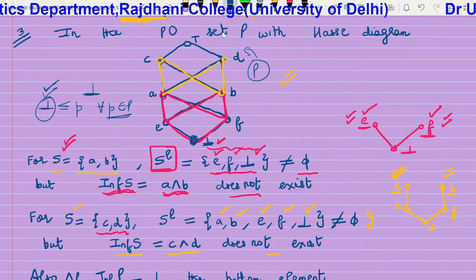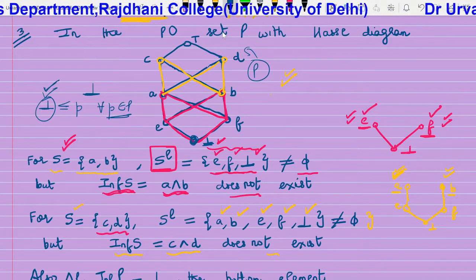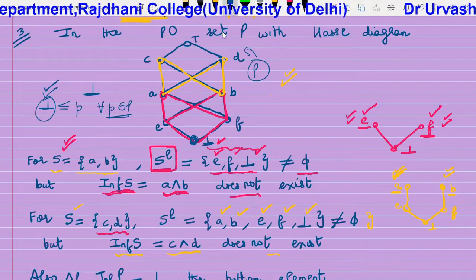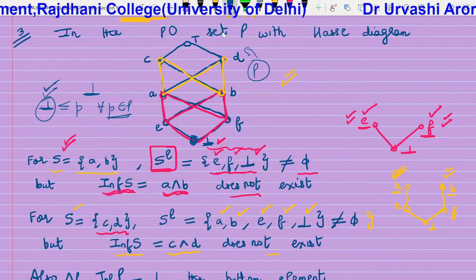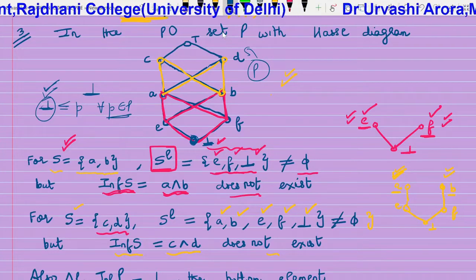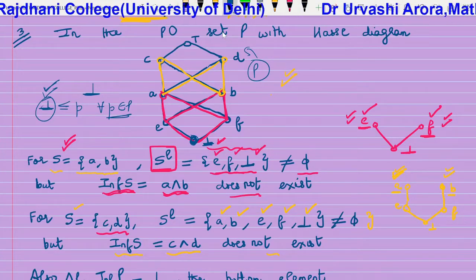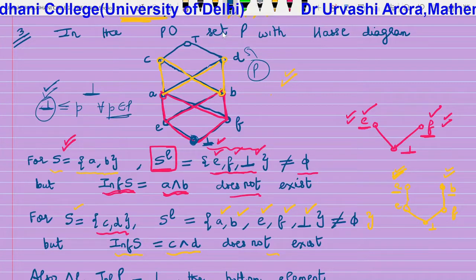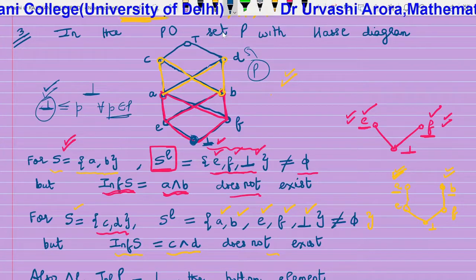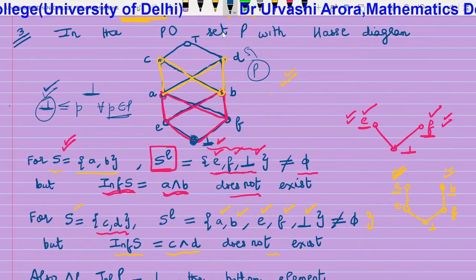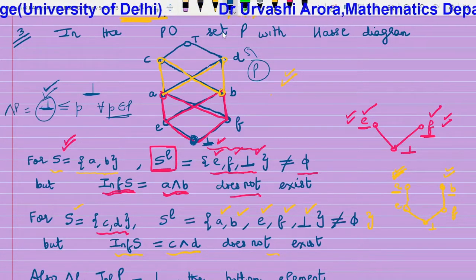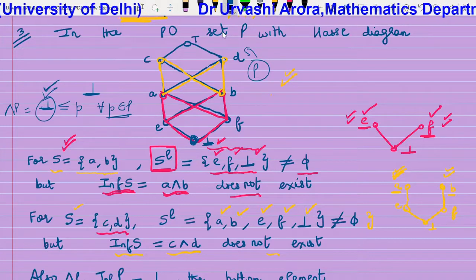And since this is the only lower bound of the partially ordered set P, because there is no element other than this bottommost element which is lesser than it, there is no other lower bound. This is the only lower bound of the partially ordered set P, which means that this is the greatest lower bound, or this is the meet of P. So meet of P is the bottom element.